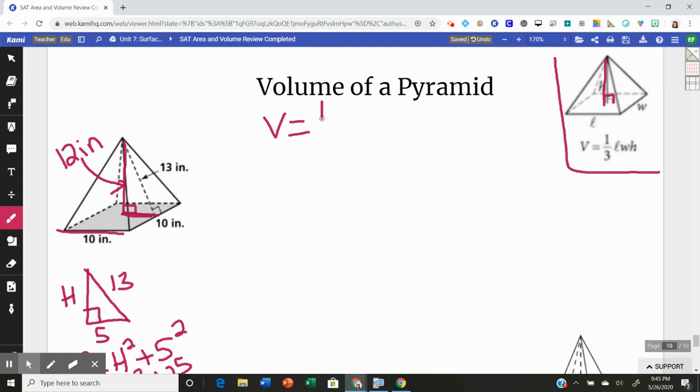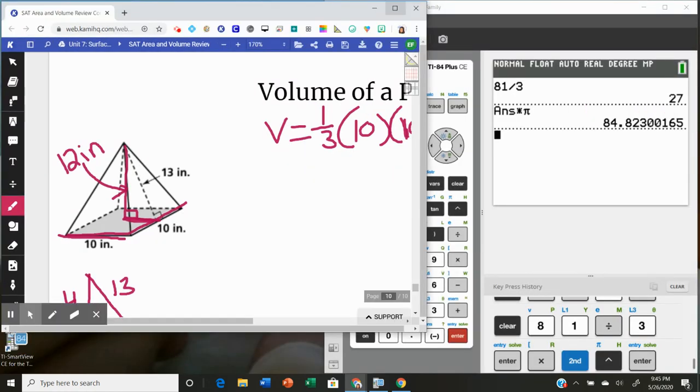So volume is 1/3. L times W is talking about, right, the L and the W, the two dimensions of the base. So our base here is 10 by 10. So that means I'm looking at 10 times 10. And then our height of the pyramid, we just figured that out, is 12. So let's again plug that all into the calculator.